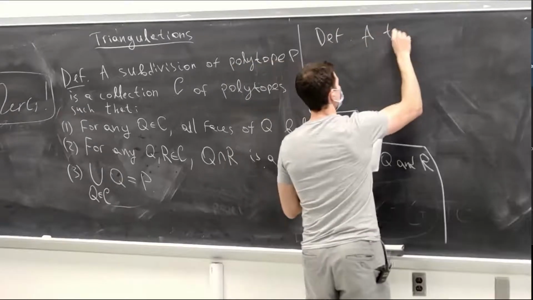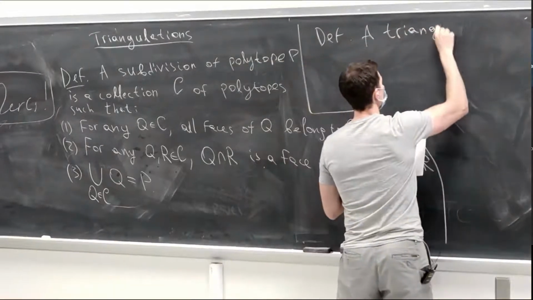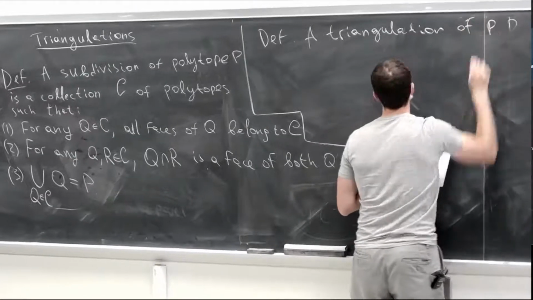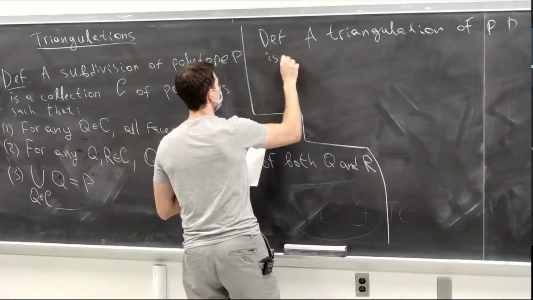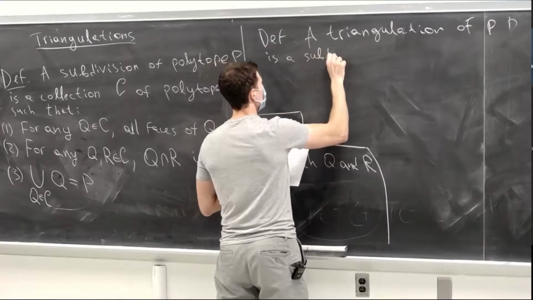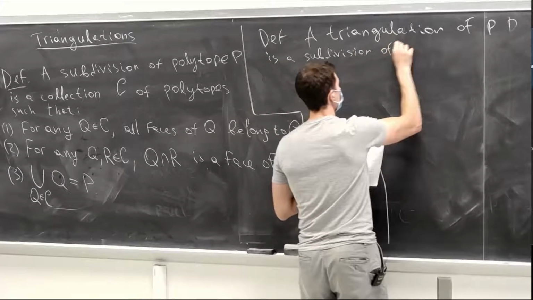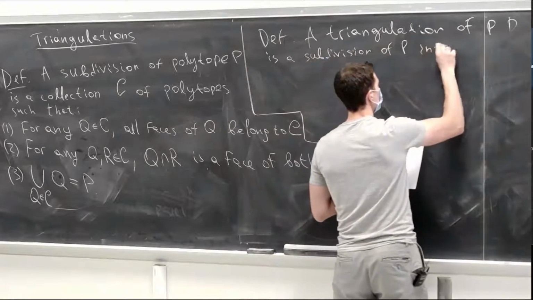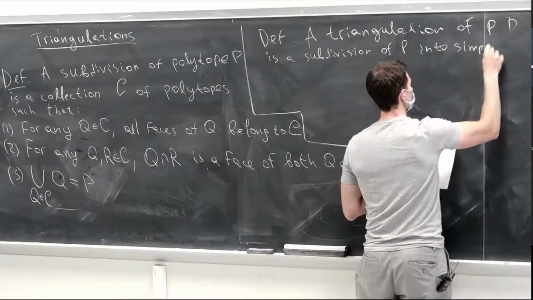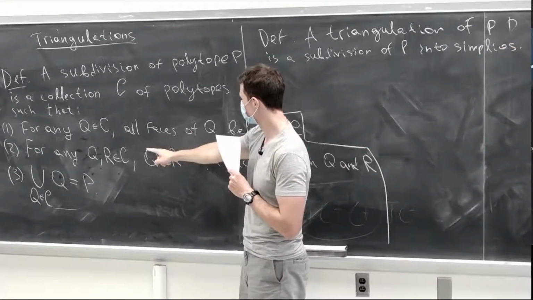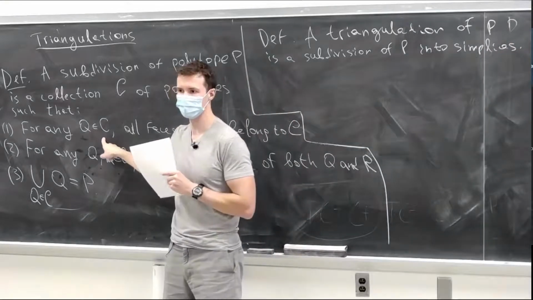A triangulation of P is a subdivision of P into simplices. So I want each element of C to be a simplex.